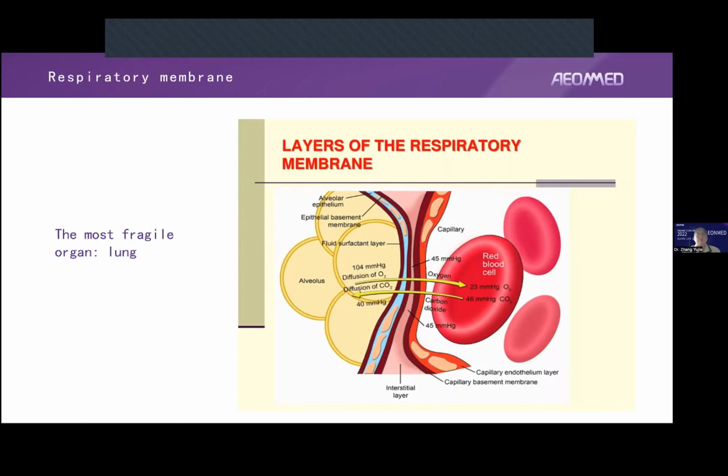It is composed of the pulmonary surfactant, alveolar epithelium, epithelial basement membrane, and interstitial layer, and of course the capillary basement membrane and the capillary endothelial layer. At the 2 ends of the respiratory membrane, there are the alveolar cavity and blood in capillary vessels. Any change of these 6 parts will affect the pulmonary ventilation efficiency.